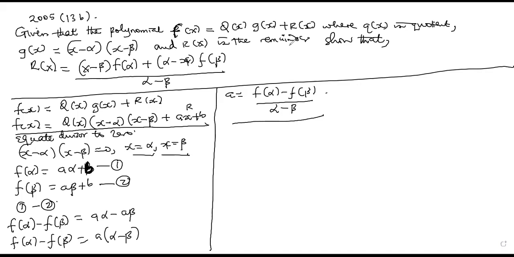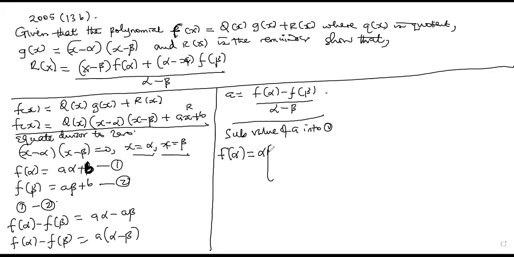After getting this, we go ahead to get the value of b. How do we get the value of b? You have to substitute the value of a in any of these equations. For instance, in equation 1, substitute the value of a. This is my equation 1, so it means that you have f of alpha is equal to a times alpha, so I can say alpha times the value of a.